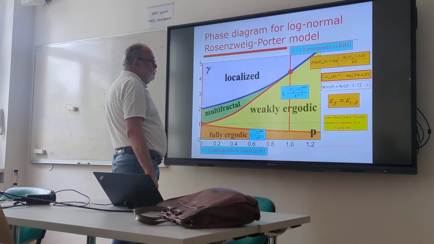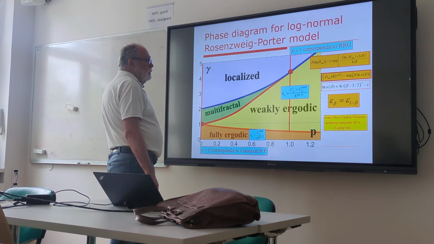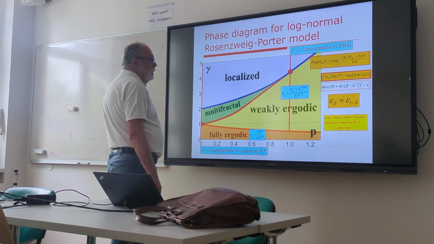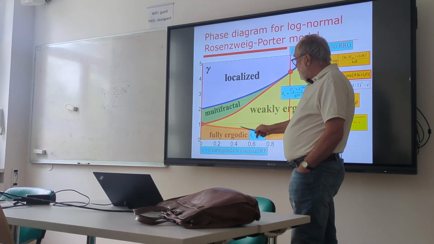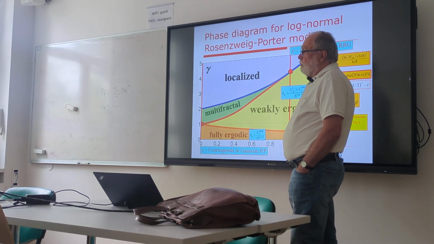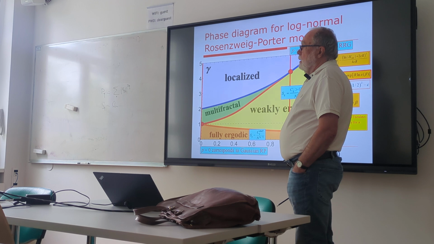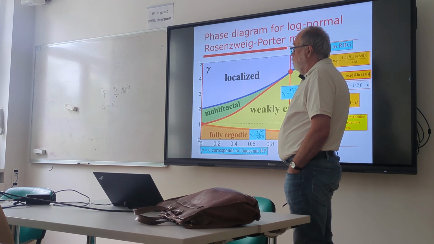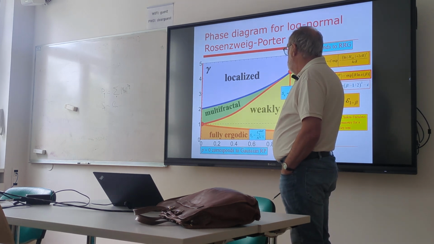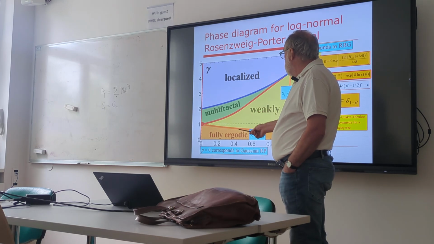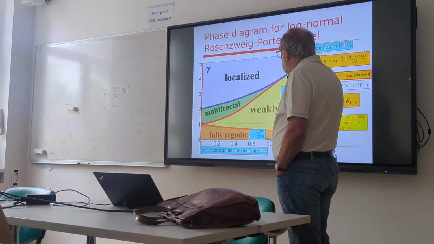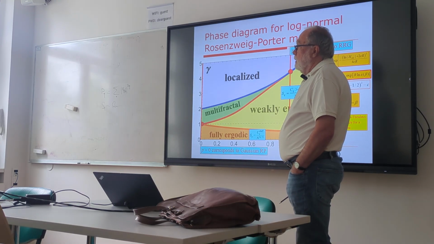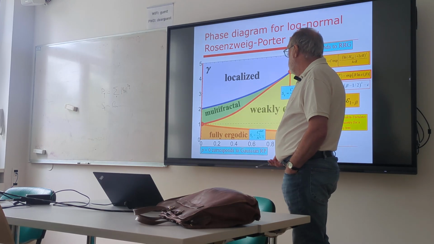I will show you some numerics that really show that this is a transition. But numerically, this thing is so far poorly studied, and as I said, it is interesting to see what happens with ETH, how this transition is seen in the ETH, and then to have some more evidence that this is not a crossover but a transition.